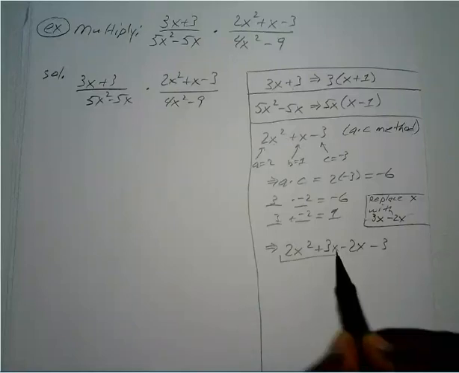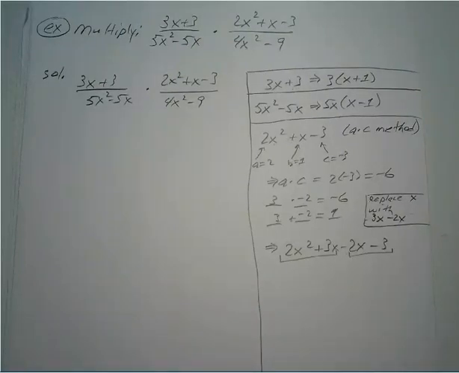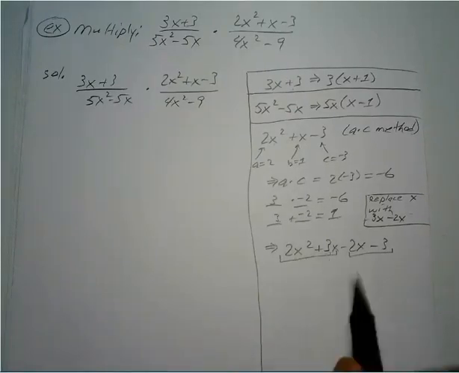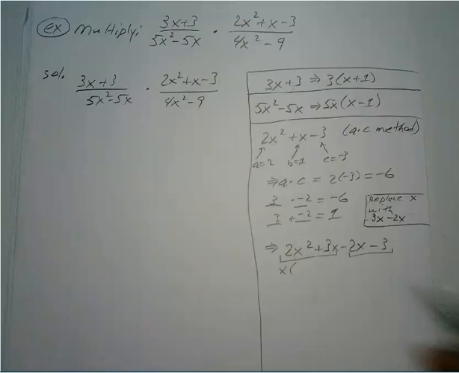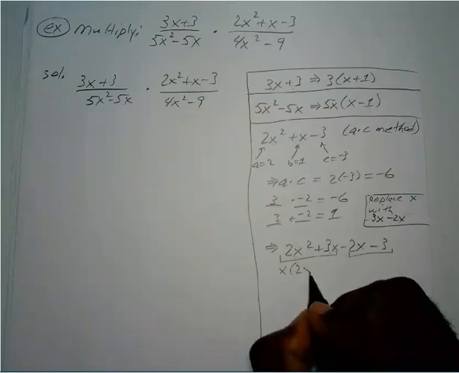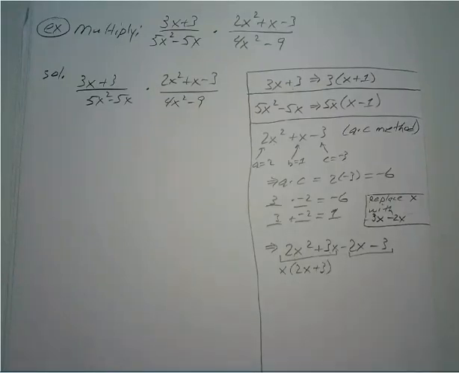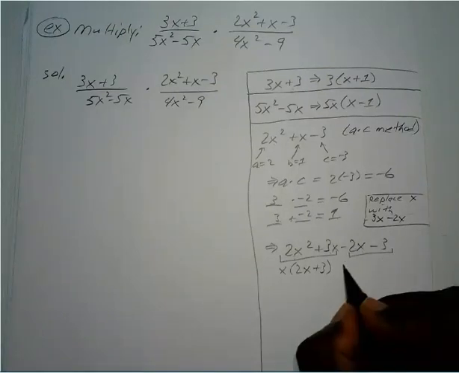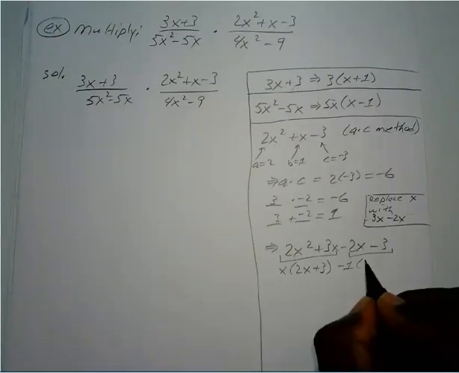So we go ahead and make those two smaller subsets. Okay, so from these two terms, we can factor out an x, which will leave us with 2x plus 3. And in these two terms, we can factor out a negative 1, which would leave us with 2x plus 3.